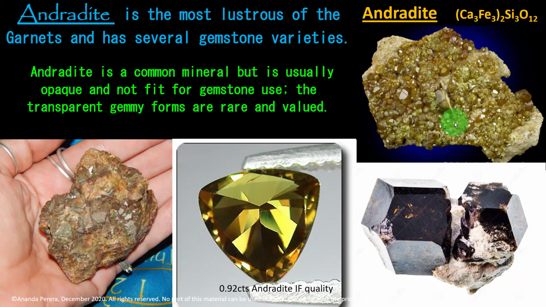These andradite roughs can't be taken as gem quality. But this one, after cutting, gives 0.92 carats of IF quality. IF quality means internally flawless. Loupe clean, 100% loupe clean means internally flawless. I for internally, F for flawless. So this is internally flawless andradite garnet. Now you learn it.